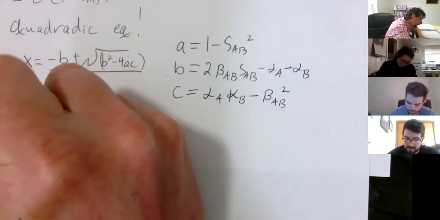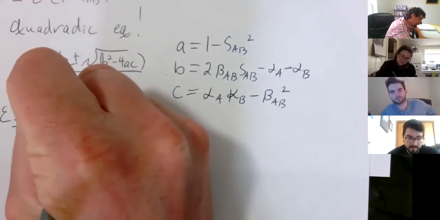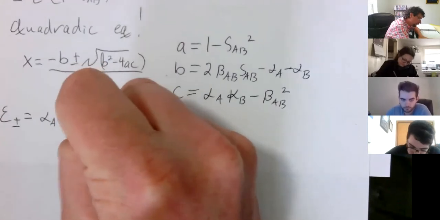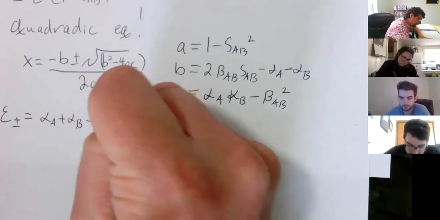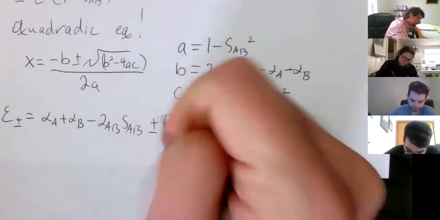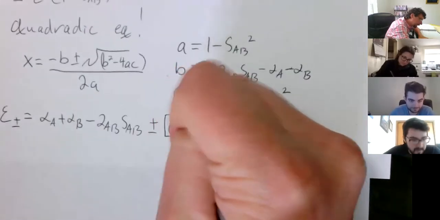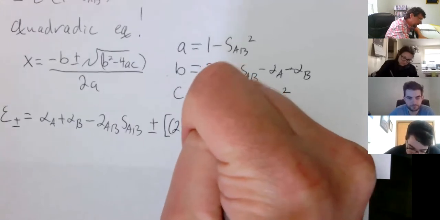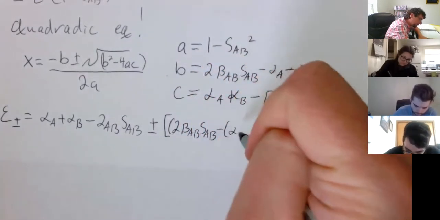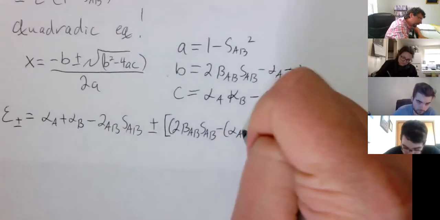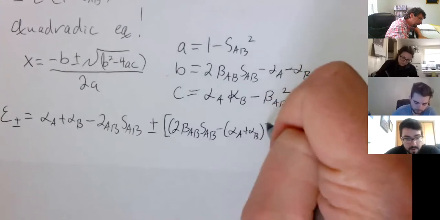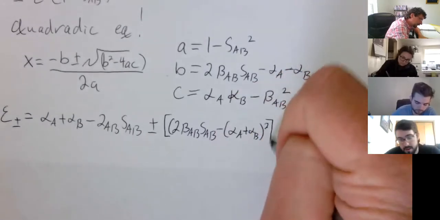We got alpha_A plus alpha_B minus 2 beta_AB S_AB plus minus 2 beta_AB S_AB, alpha_A minus, plus alpha_B squared.